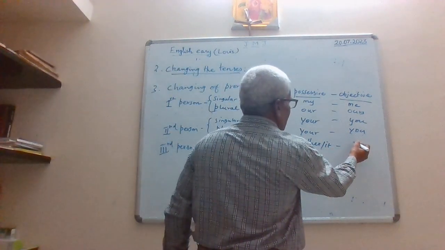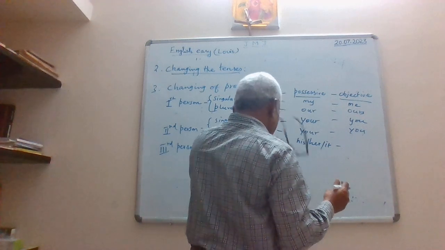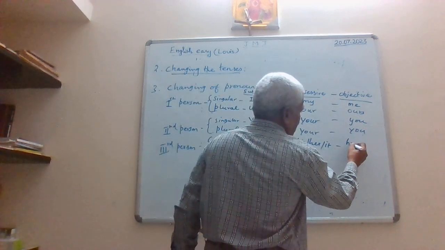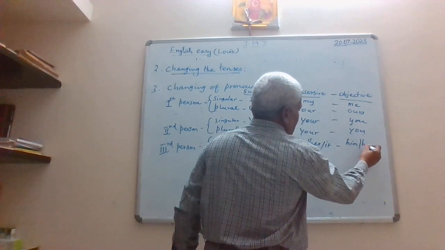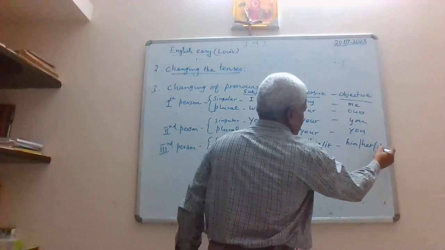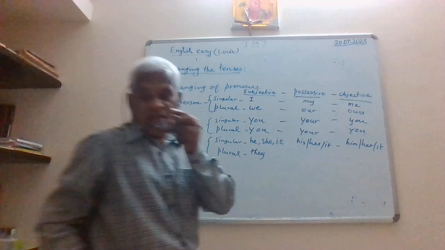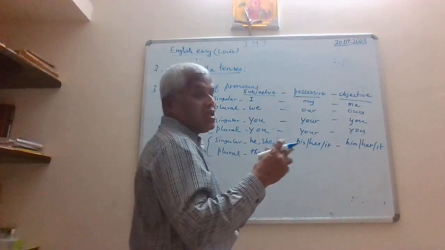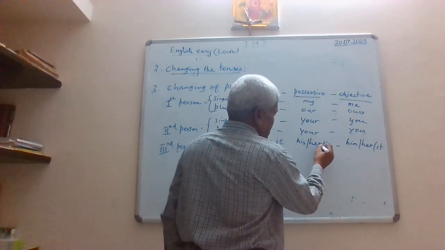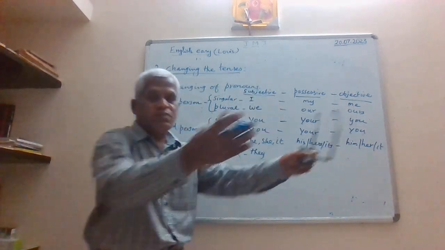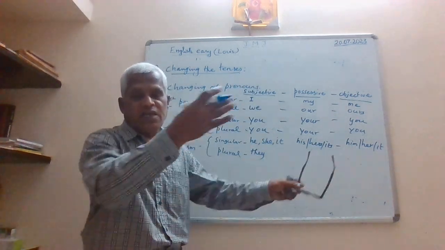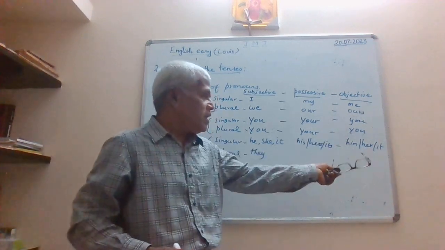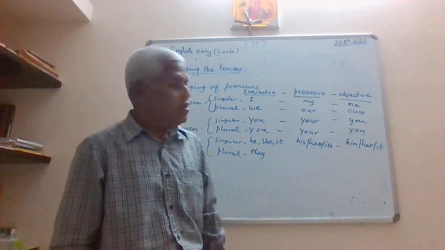Objective, for the third person singular, you can say him or her. Here, it. For possessive, you can add hers also. It's mine. It's hers. It's his. Possessive. And objective: him, her, it.